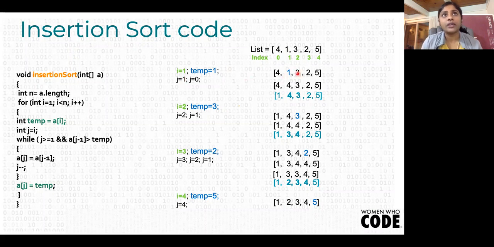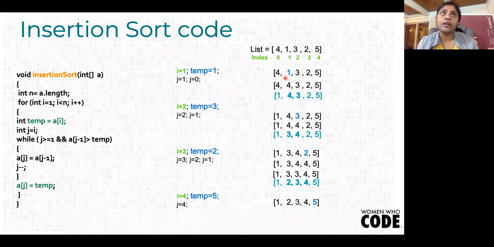So first time j will be 1. If j minus 1 is greater than temp, here is j minus 1 greater than temp? Yes, the 4 is greater than 1. So what you do is you copy that 4 to the right, and eventually 1 should come here. So we place 1 over here. Now the array becomes 1, 4, 3, 2, 5.